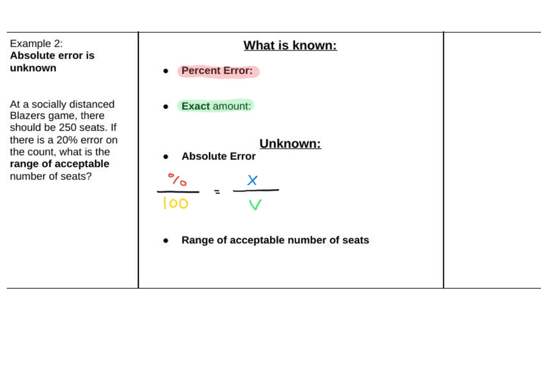So go ahead and give this a try. Go back to this idea of a range of acceptable error and see what you come up with. And again, what we're solving for is this x, which has been where our absolute error is. But in this case, it's going to mean our range of acceptable error. Go ahead and play around with it. Come back and see how you did.